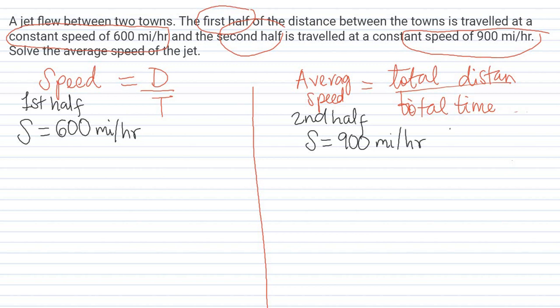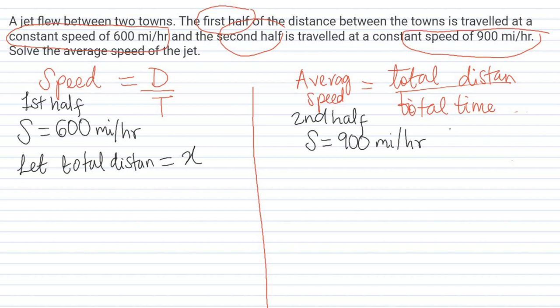So what you eventually have is, we're going to first of all make the total distance equal x, because since we're solving for average speed, there has to be a concept of total distance, and there also has to be a concept of total time.